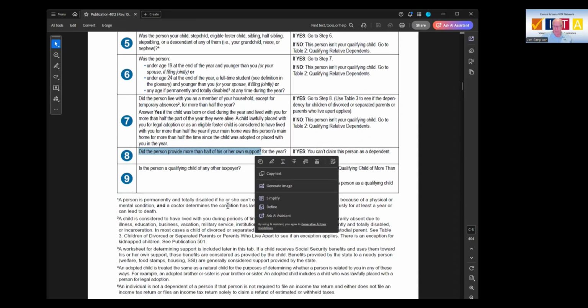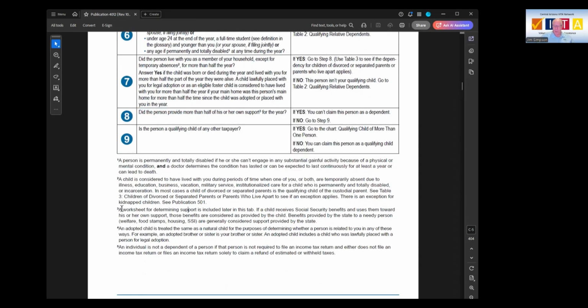There's a footnote 3 that tells you there's a worksheet for determining support included later in this tab. So if you're not sure, they can't do it. And there's a lot of things that can be considered. Are they receiving Social Security benefits? Do they get welfare or food stamps, things like that? Are those considered support? That worksheet can help you determine that.